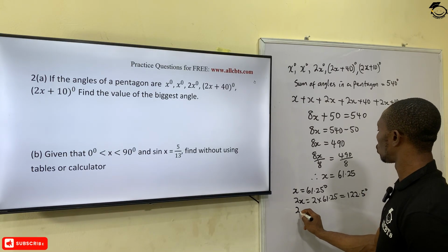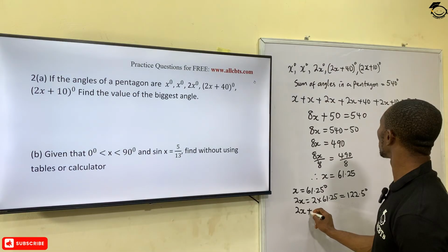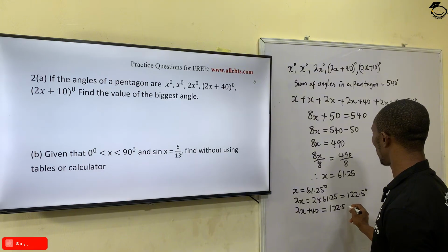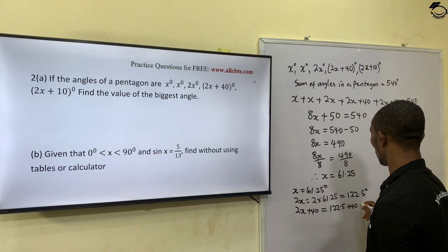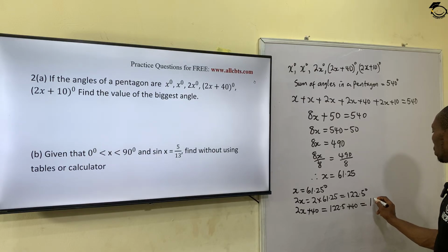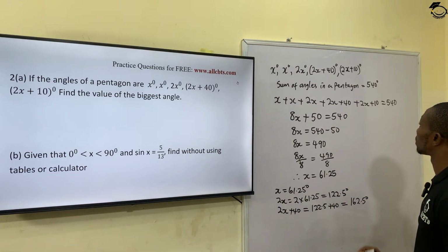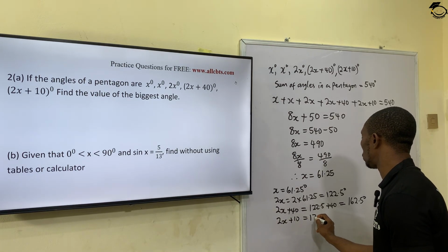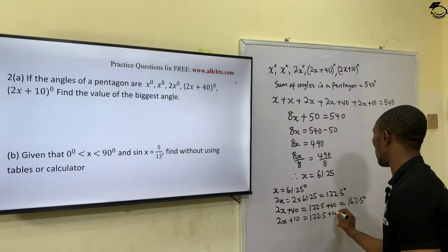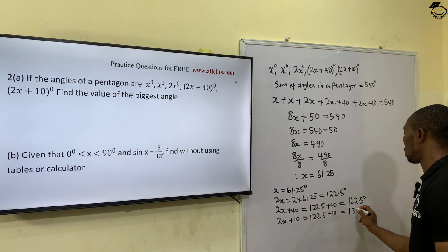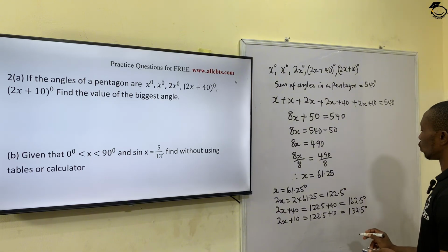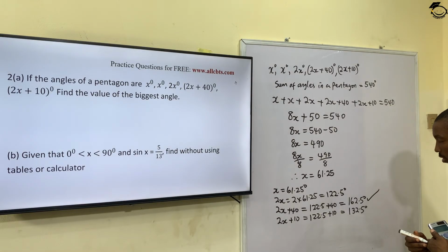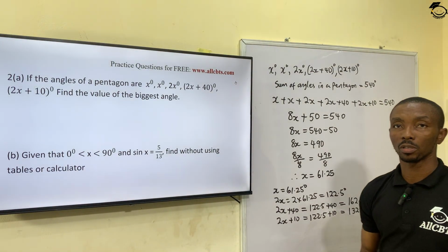And 2x plus 40 equals 122.5 plus 40, which will give us 162.5 degrees. And we have our 2x plus 10, which is 122.5 plus 10, to give us 132.5 degrees. So from here, the value of our biggest angle will be 162.5 degrees.